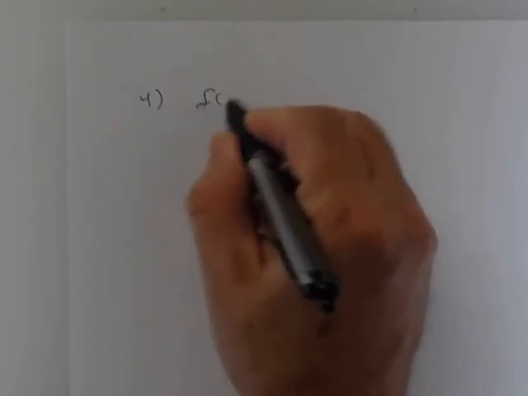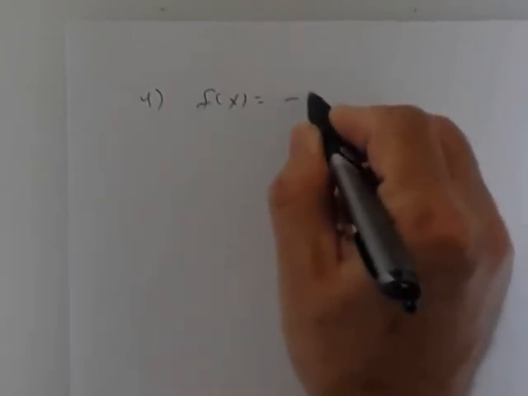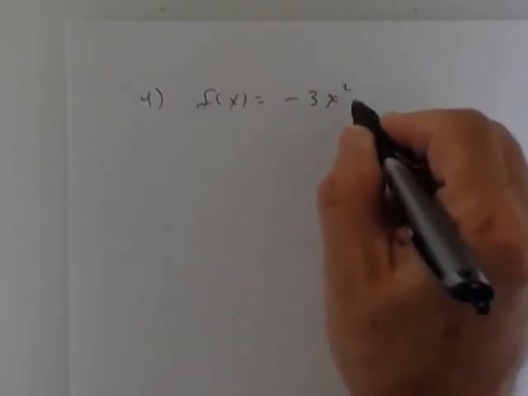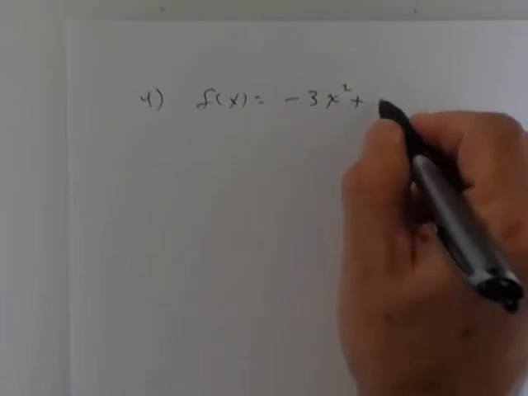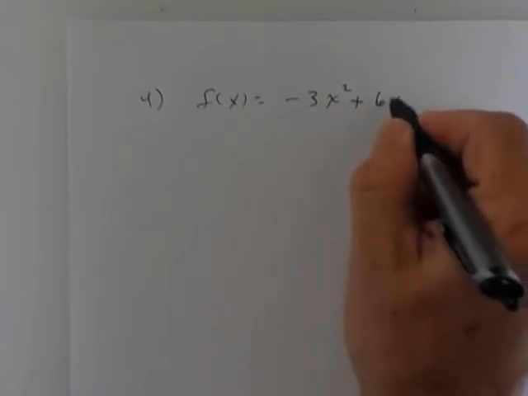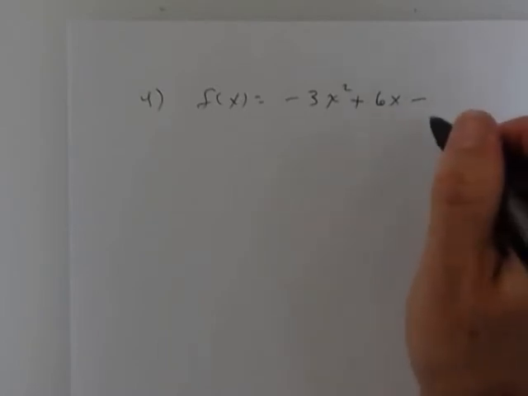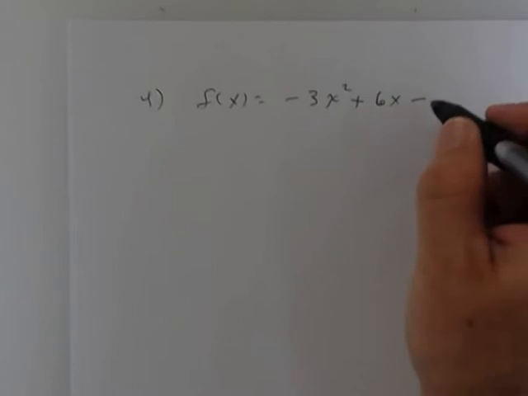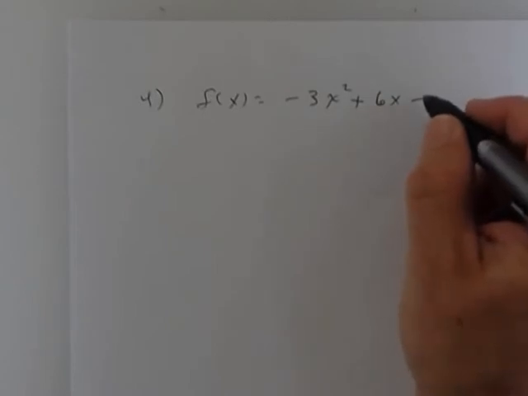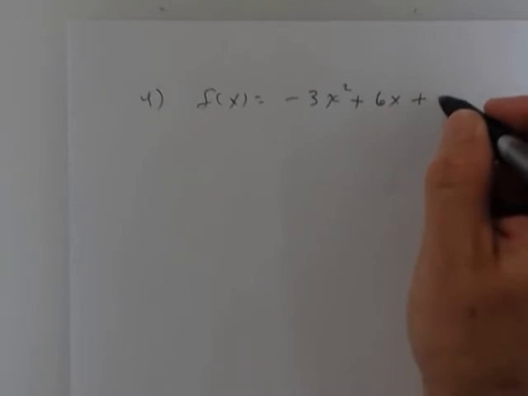Okay, 4. We had this: f of x equals -3x squared plus 6x, and I'm going to try and make it where there are no x-intercepts this time. So for right now, put this as plus 1.